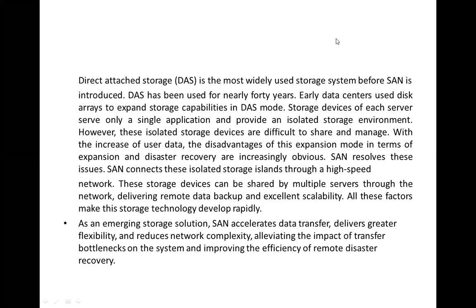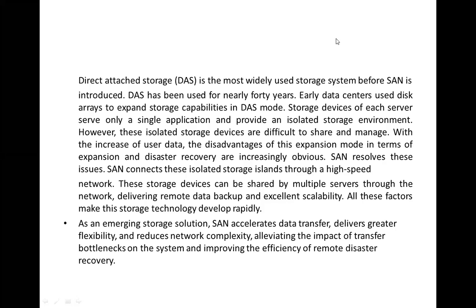Storage devices of each server serve only a single application and provide an isolated storage environment. These isolated storage devices are difficult to share and manage.